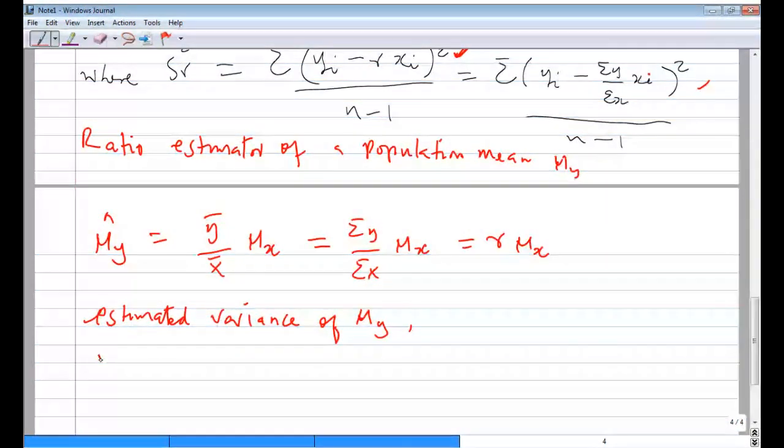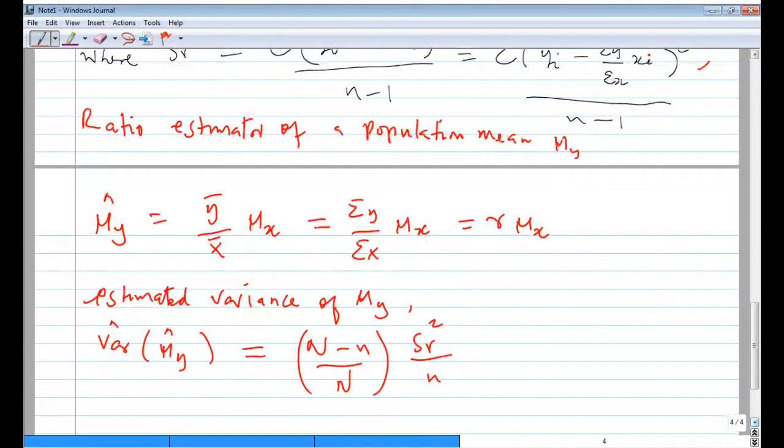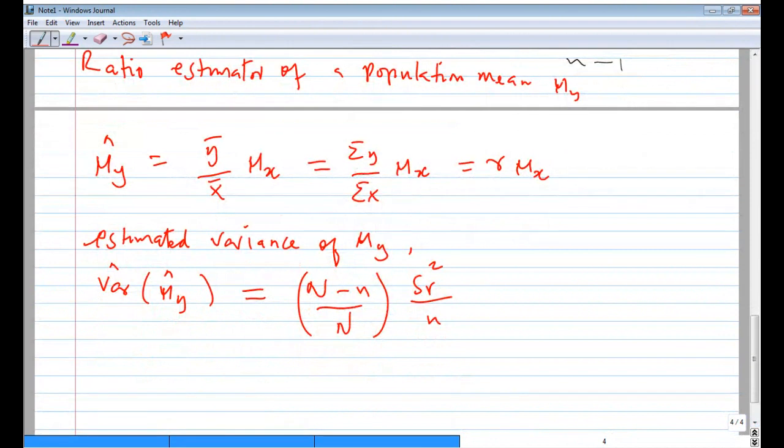So it's the var estimate of mu y hat, and it's equal to N minus n divided by N, times s r squared over n. That is the estimated variance of the estimated population mean under ratio estimation.